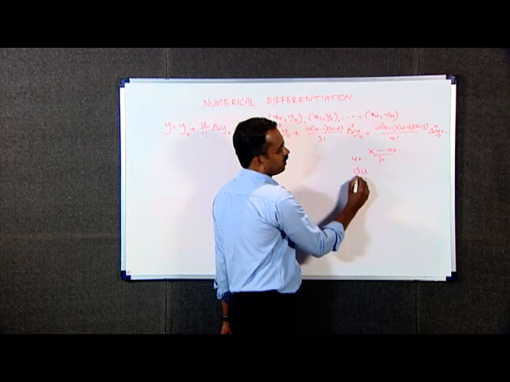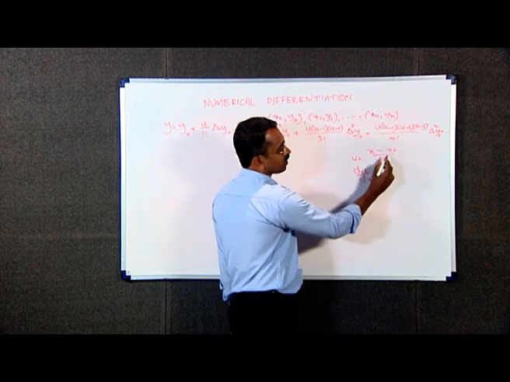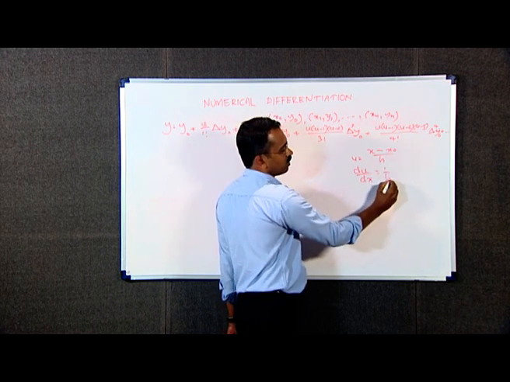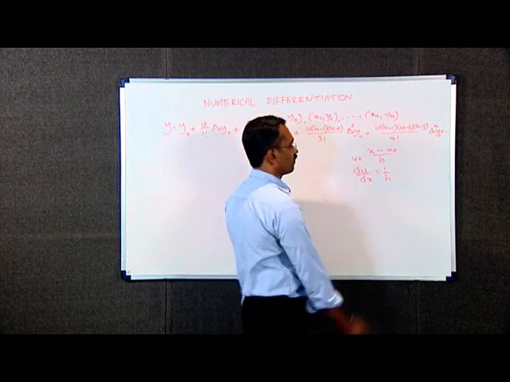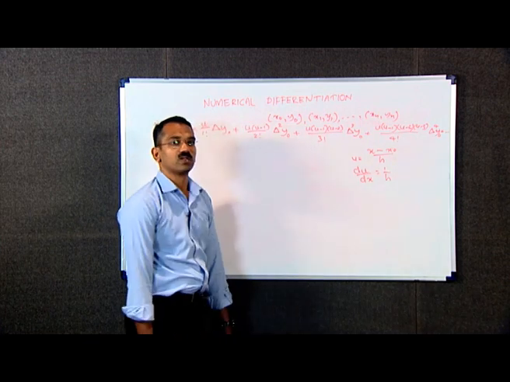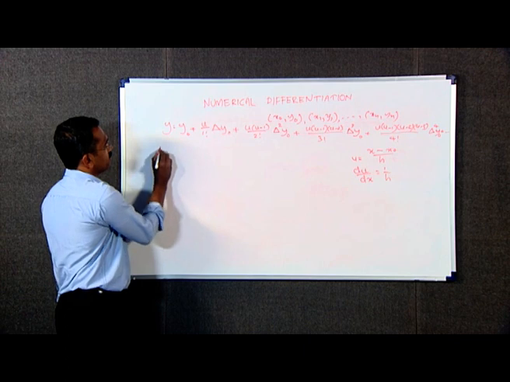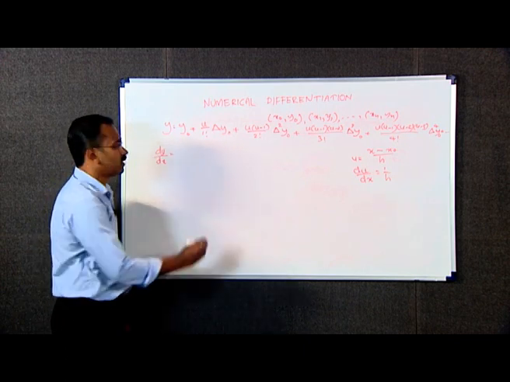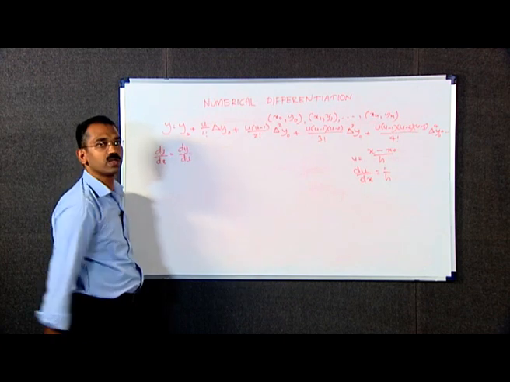Therefore, du by dx, the derivative of u with respect to x: x naught is a constant, h is a constant. Therefore, 1 by h into the derivative of x minus x naught, which is 1, that is du by dx equal to 1 by h. Therefore, dy by dx can be written as dy by du into du by dx.